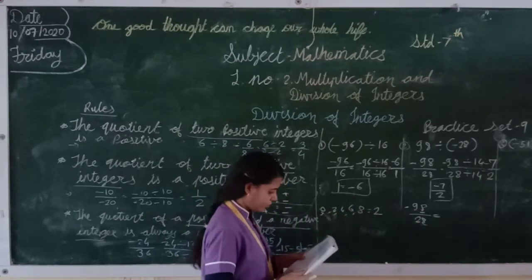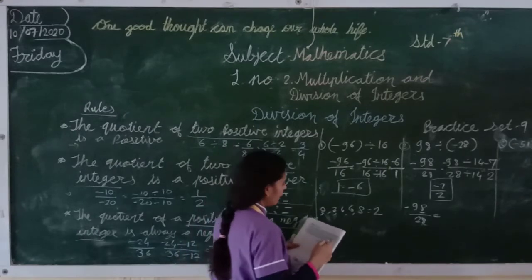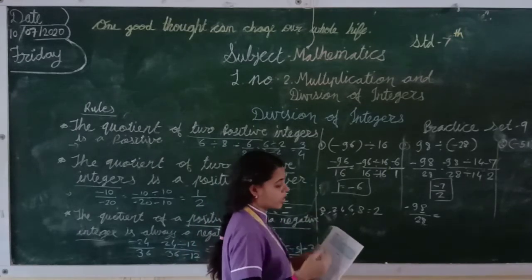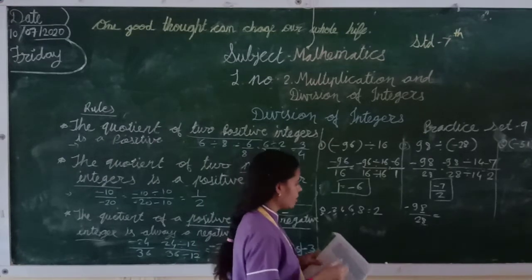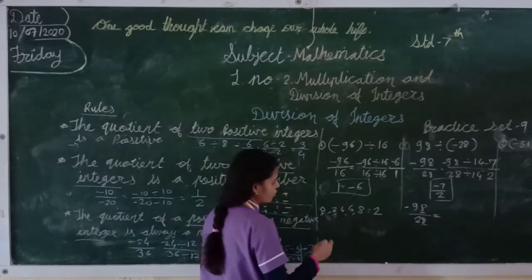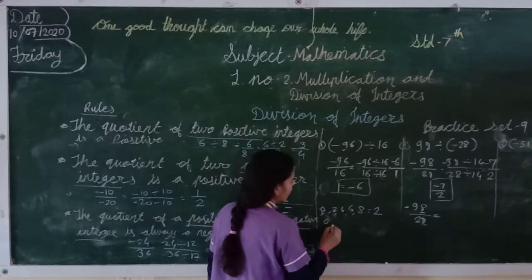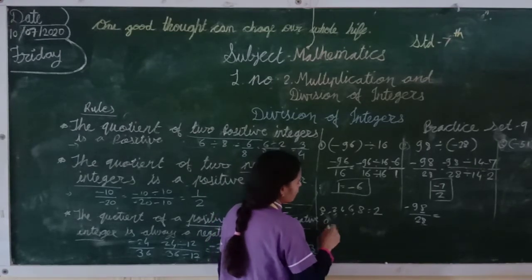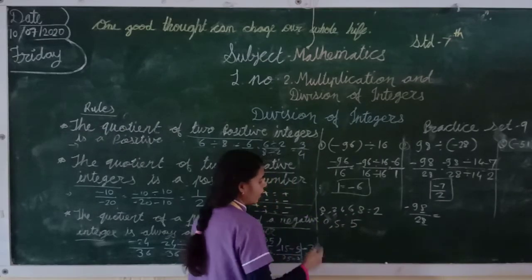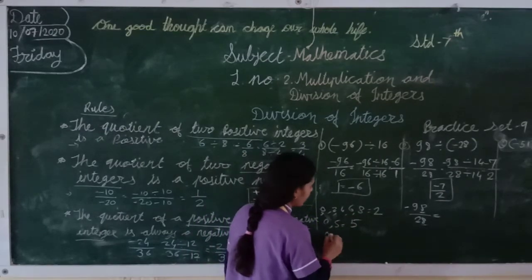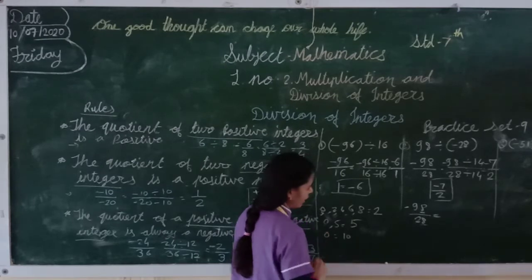When any number has 5 or 0 in the unit place, we will divide by 5. Means the unit place has 0 or 5, that time we will divide by 5. Otherwise, if the last number has only 0, that time we will divide by 10.